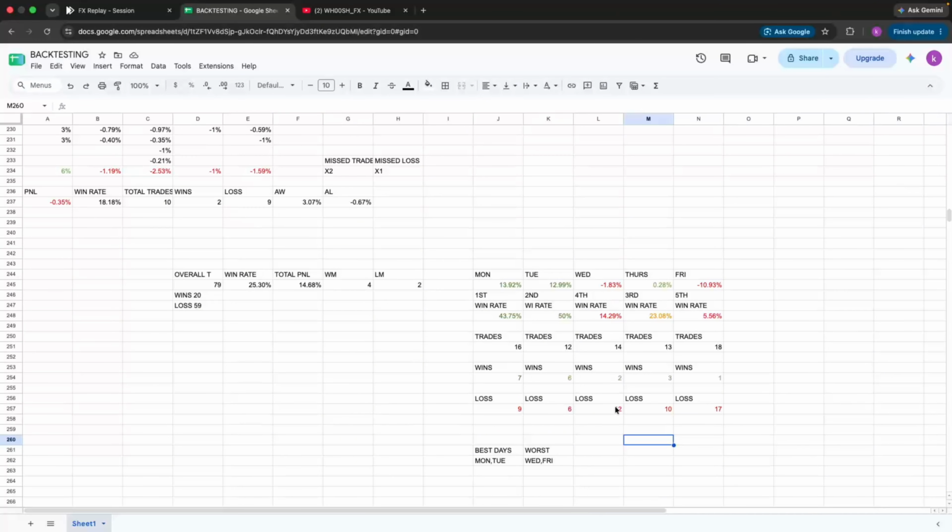So with them type of odds, win rate doesn't really play that big of a factor. So once I decided doing that, 8 to 10, I cut out a lot of losing trades, which meant that I ended my backtesting results with 79 trades, 25% win rate, and a total P&L of 14%.